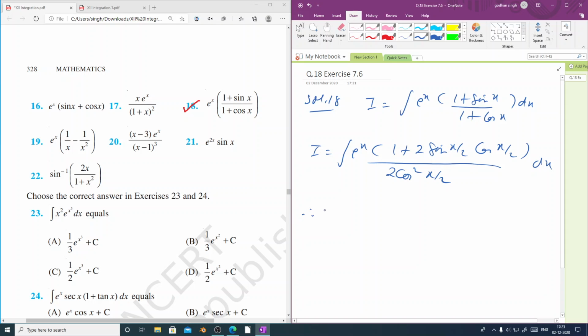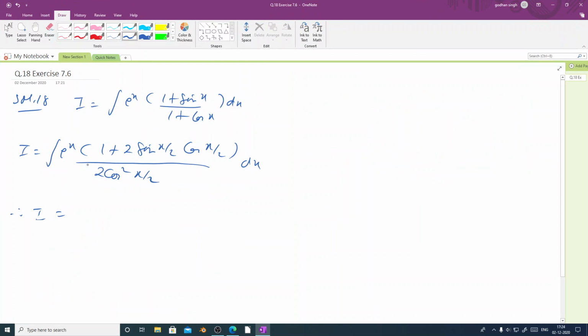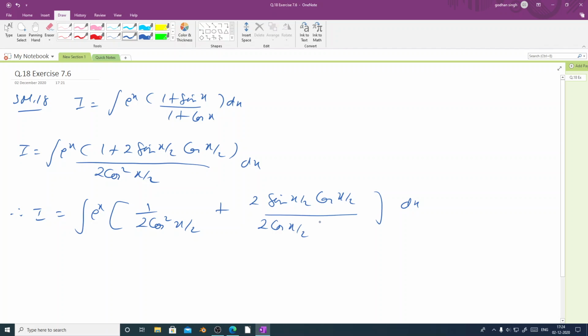So therefore I equal to, let us expand this. We have I equal to the integration of e raised to x, and let us separate them. We get [1 plus 2 sin x by 2 cos x by 2] dx over 2 cos x by 2 into cos x by 2, writing cos square x by 2 as cos x by 2 into cos x by 2.